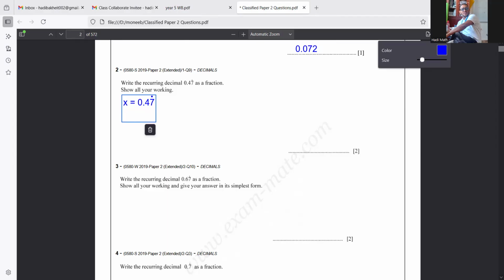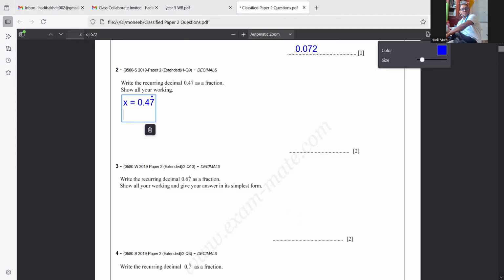So first you need to multiply this number by 10 or powers of 10 to make the first digit after the decimal point recurring. You need to multiply by 10 to move the 4 just one place, so multiply both sides of the equation by 10.